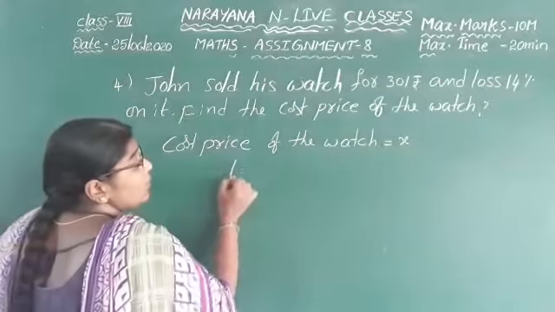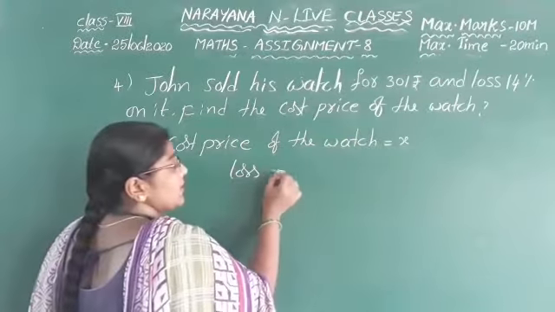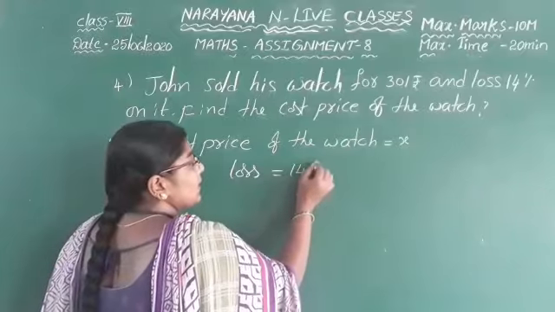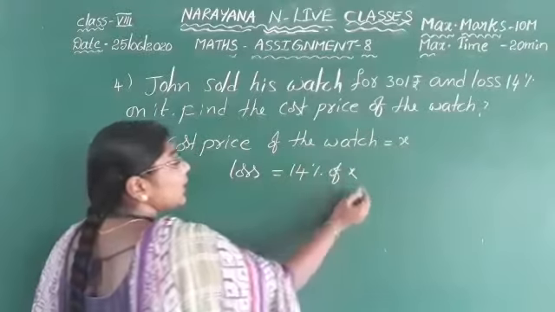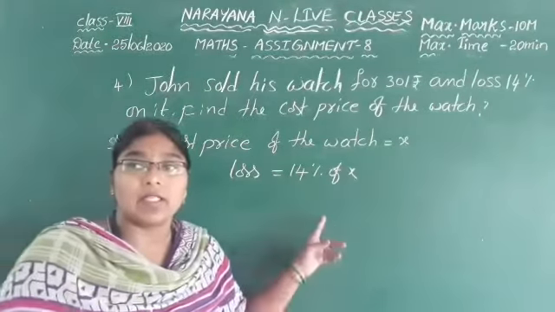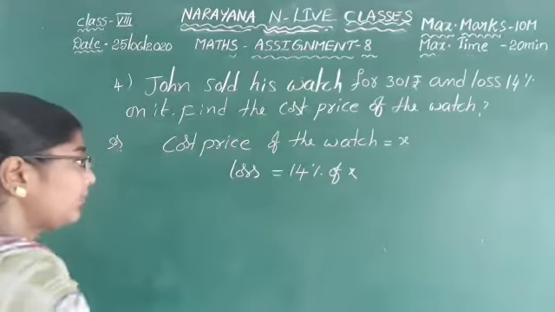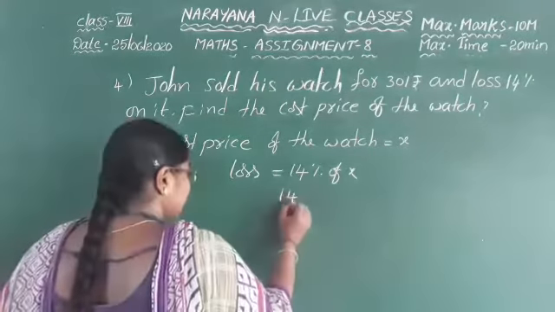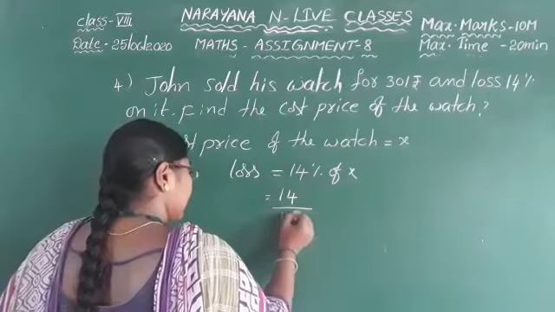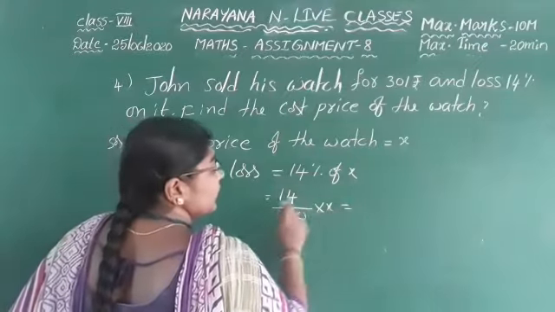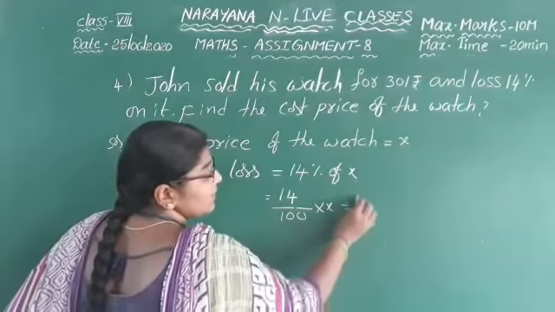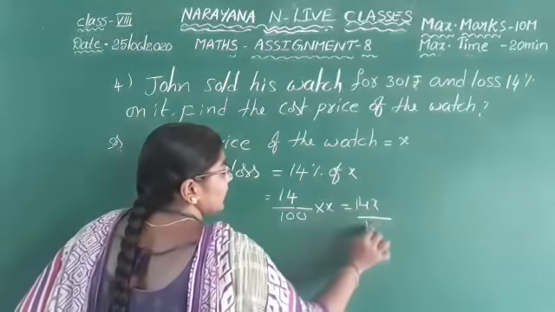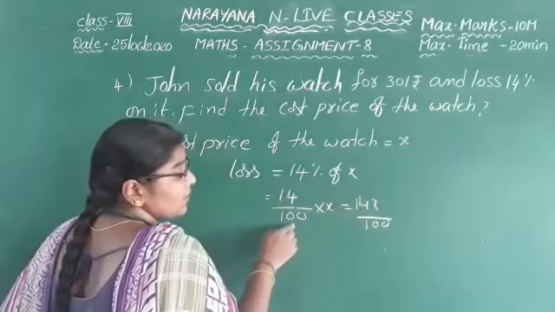And how much did he lose on x? 14%, so 14% of x. That means 14 by 100 into x, which is 14x by 100. Here we are taking percentage, that's why I am writing 100.